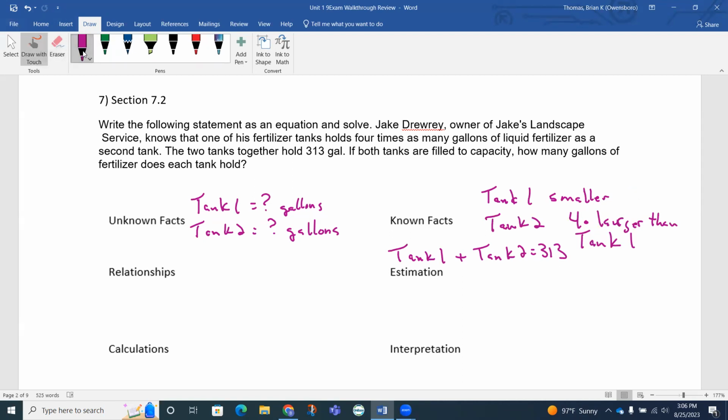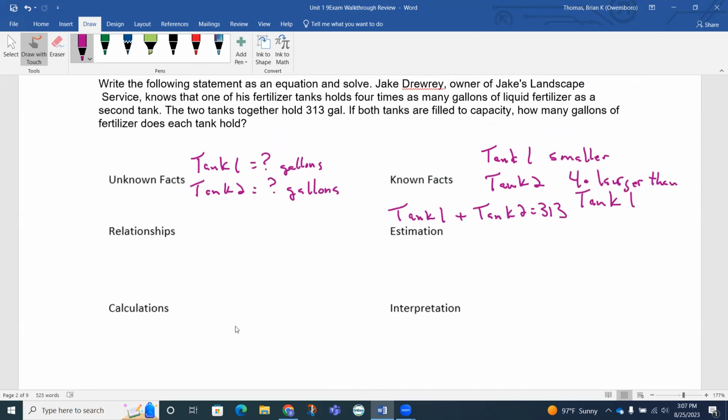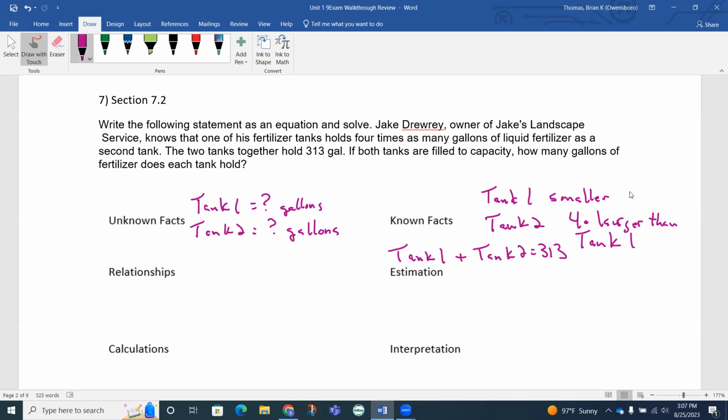Our most favorite variable is X. You can use any letter you want, though it should say to type an equation using X as the variable. So we do need to use X. If I call tank 1 X, then tank 2 is related to tank 1 because it's 4 times bigger. So that'd be 4X.